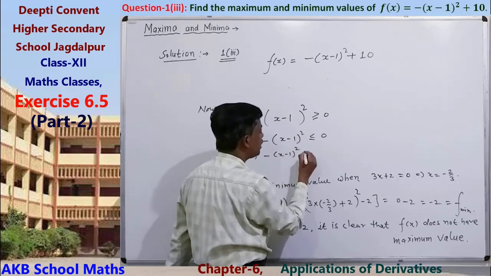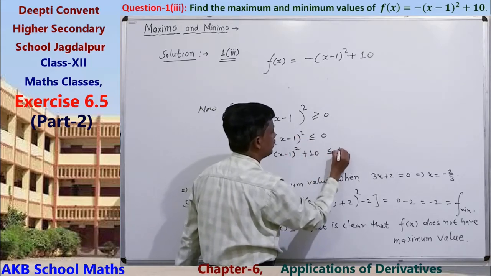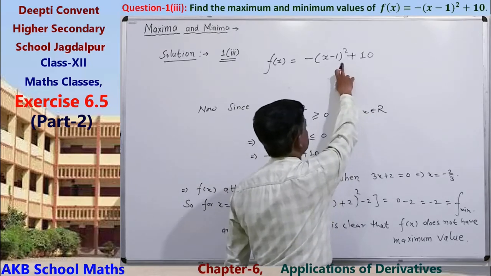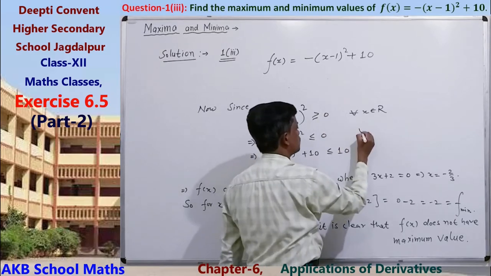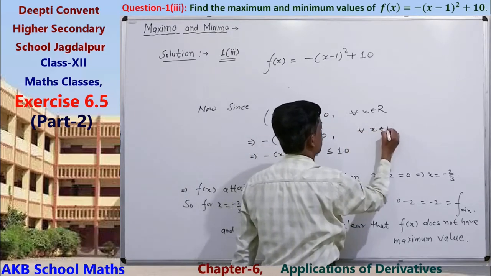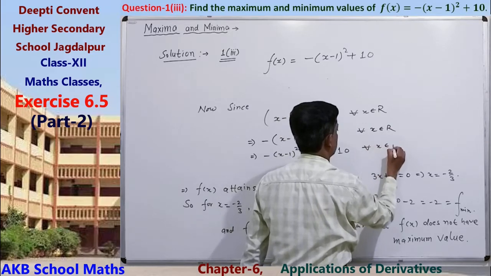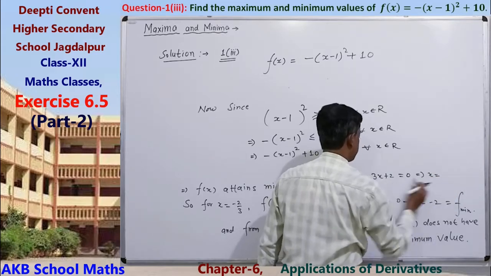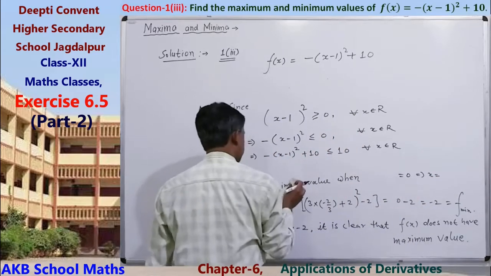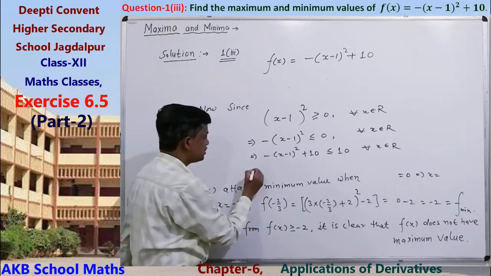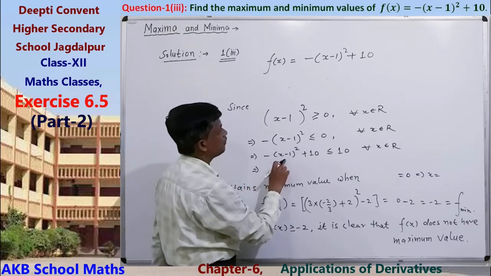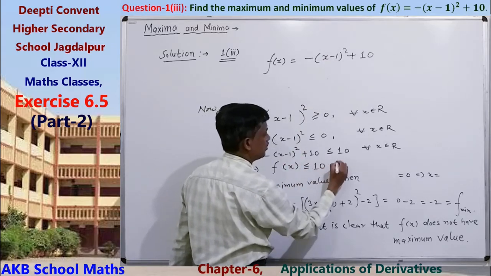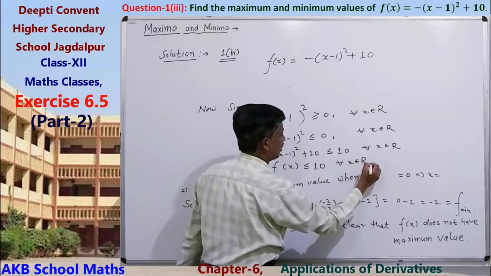We can add 10 on both sides, for all x belonging to real numbers. Here also the domain contains all real numbers. So this is f(x), and f(x) is less than or equal to 10 for all x belonging to R.